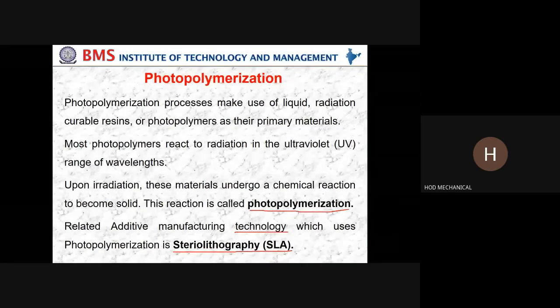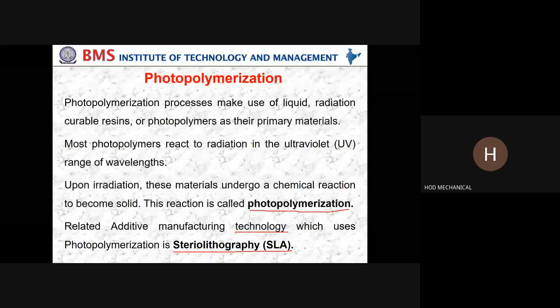Now I want to caution you, please listen carefully. In the exam, you may get a question like: with a neat block diagram, explain additive manufacturing by using the photopolymerization process. If the process is asked, how is the photopolymerization process going to be done?